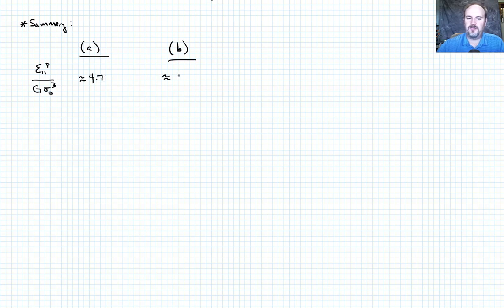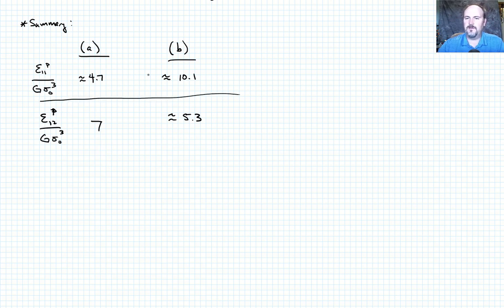This is approximately 10.1. And if we looked at 1,2 plastic, again normalized by g sigma naught cubed, we have this quantity that, sorry, this is not an approximation, you can go back and show this is identically 7, and this is approximately 5.3. Okay? So if you want to divide those out, you can.